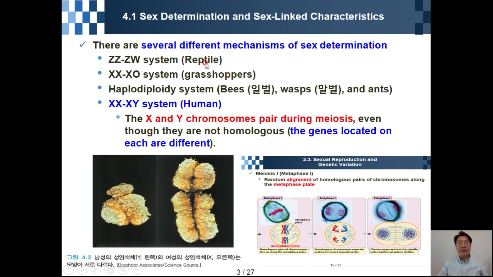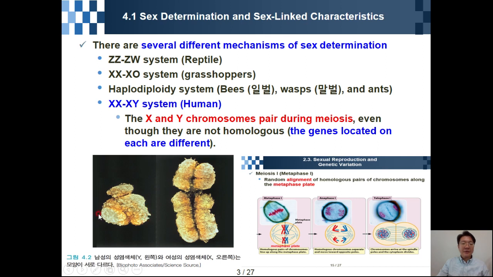For example, the ZW system in reptiles, the XO system in grasshoppers, and also the haplodiploid system. We will learn the XO and haplodiploid systems in the next slide. And the human, as I already mentioned, uses the XY system.